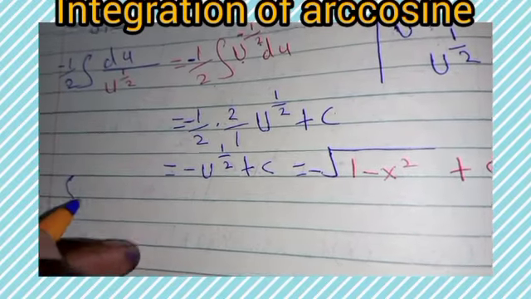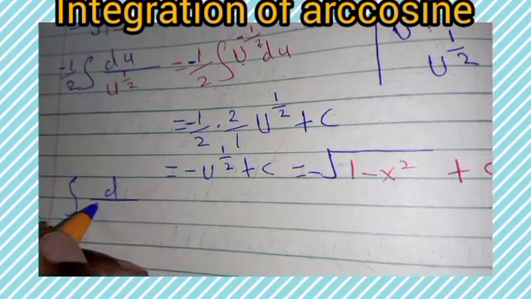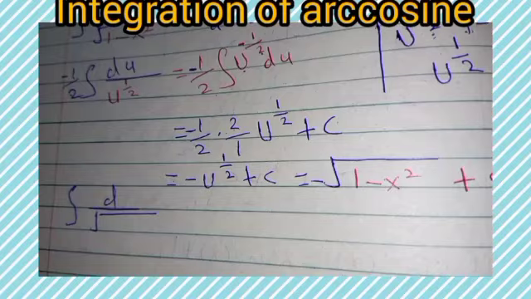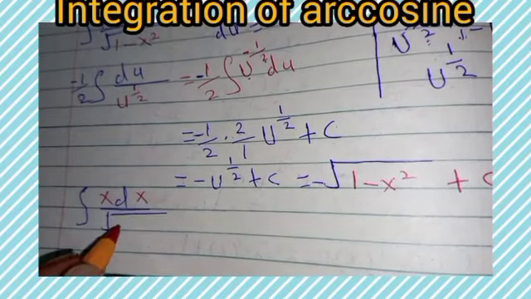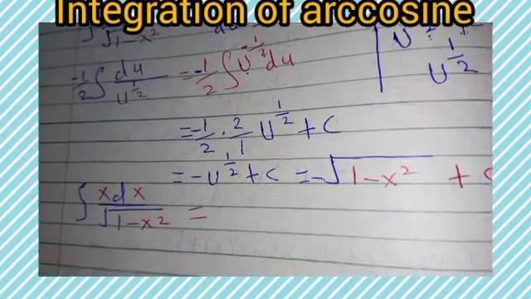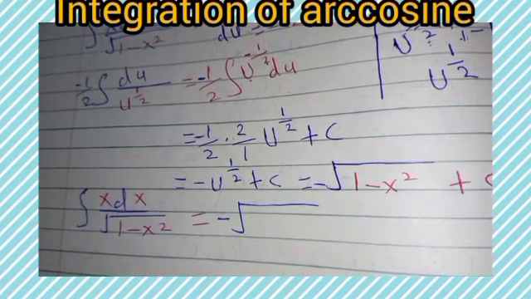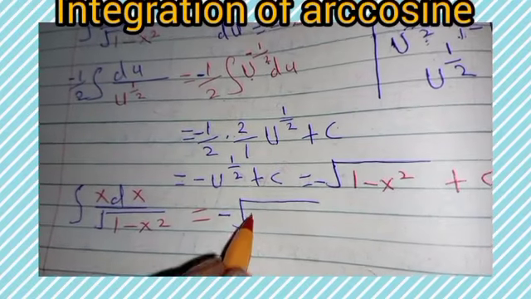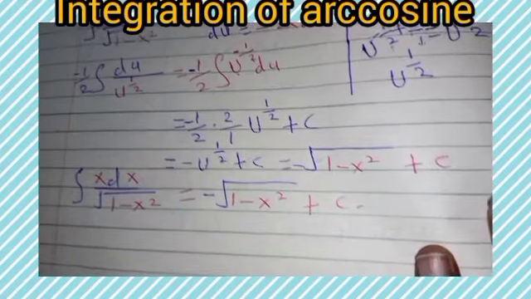Meaning that the integral of x dx over square root of 1 minus x squared is the same as negative square root of 1 minus x squared plus constant c.